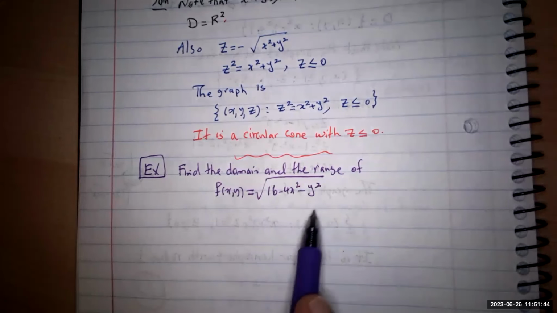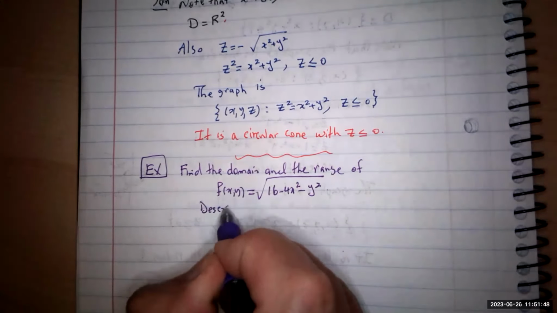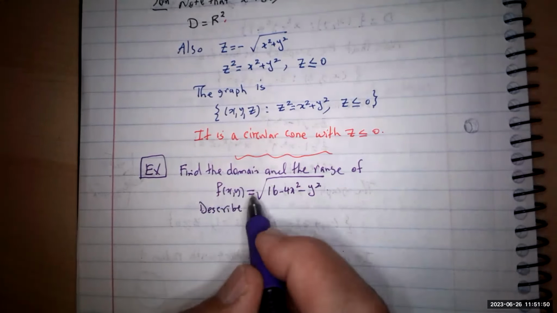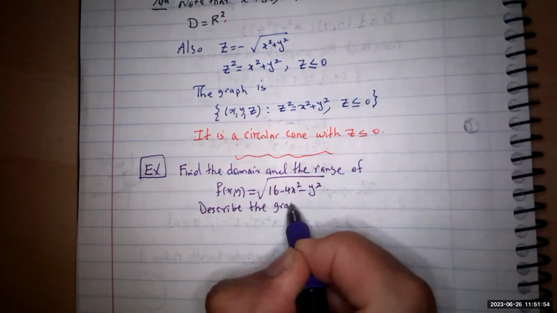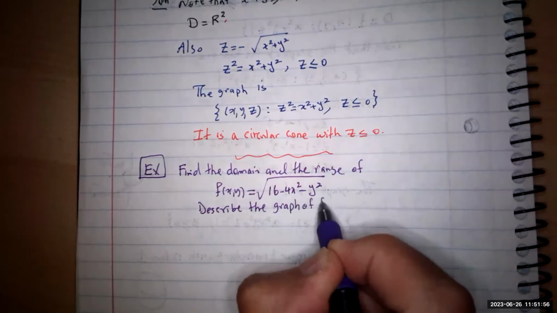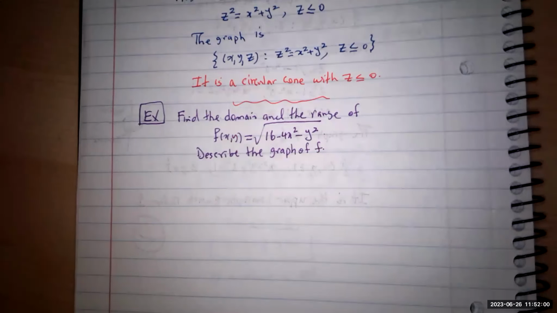Okay, find the domain and the range, and then they ask you to describe the graph of the function, the graph of f. This is a typical problem for this section, the conclusion of this introduction one that we have.